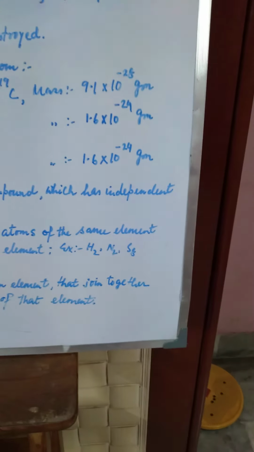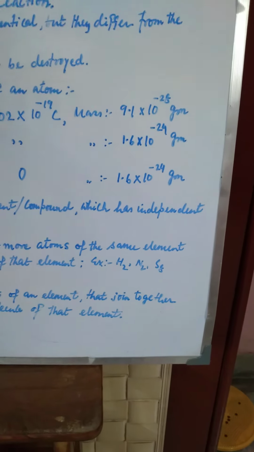But S8 means 8 atoms of sulfur combine with each other, so it is octaatomic. In the molecule of ozone, O3, 3 atoms of oxygen combine to form one molecule of ozone. So ozone is an example of triatomic. So there are monoatomic, diatomic, triatomic, tetraatomic.